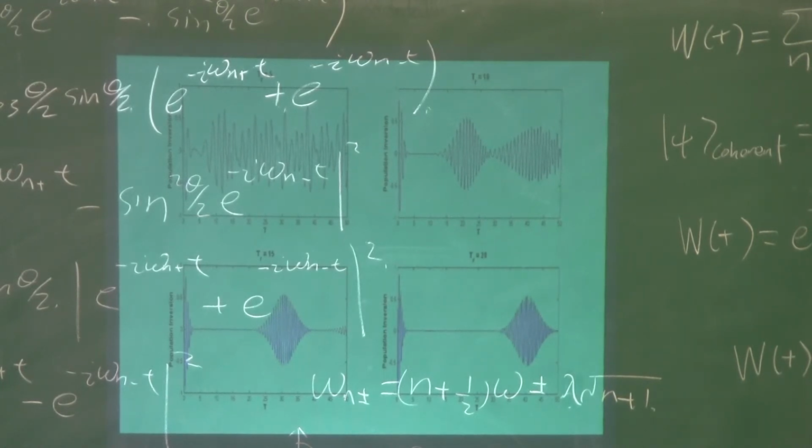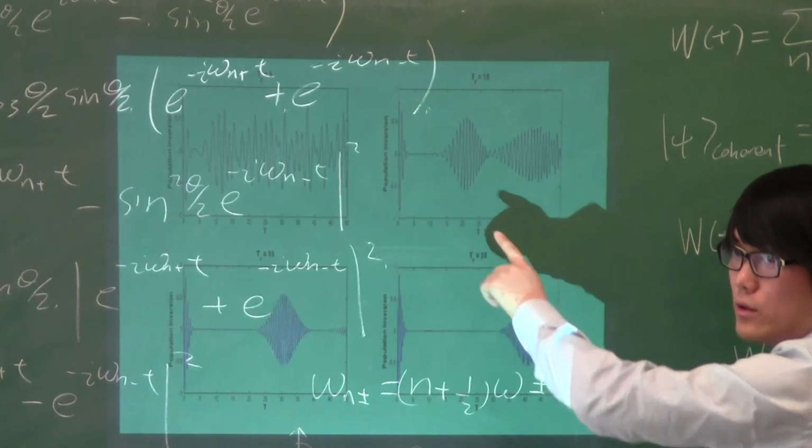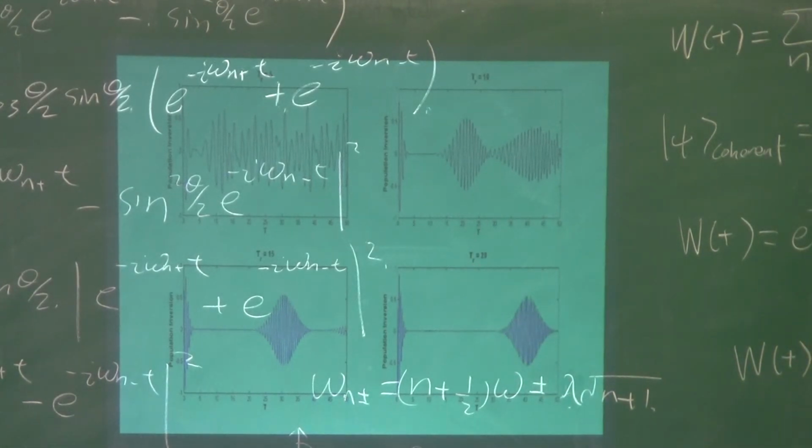The dominant Rabi frequencies are close to n bar, because of this exponential thing. At the first revival is the first time when n bar and n bar plus 1 or n bar minus 1 come into phase again.